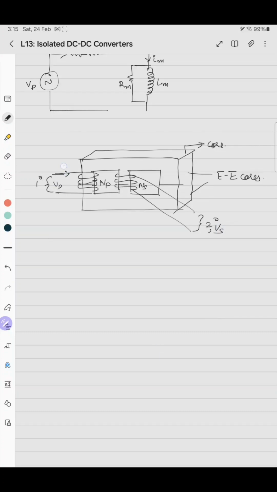A primary alternating current flows through the circuitry, which will result in flow of flux through the core. This is the flow of the flux.